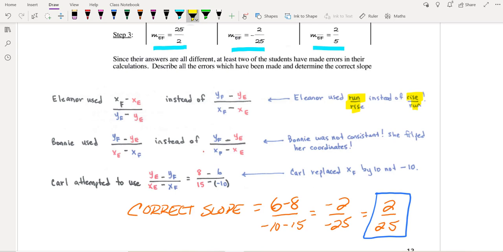She used E as her first point down over here and E as her other point over here, so she was not consistent. You always go the same order. And Carl made a transposition error here, so he used -10 instead of 10.